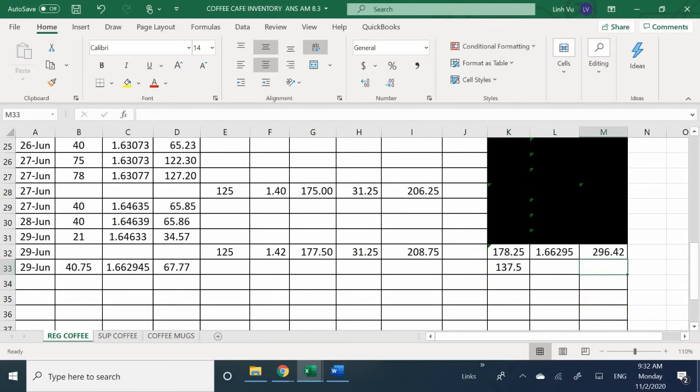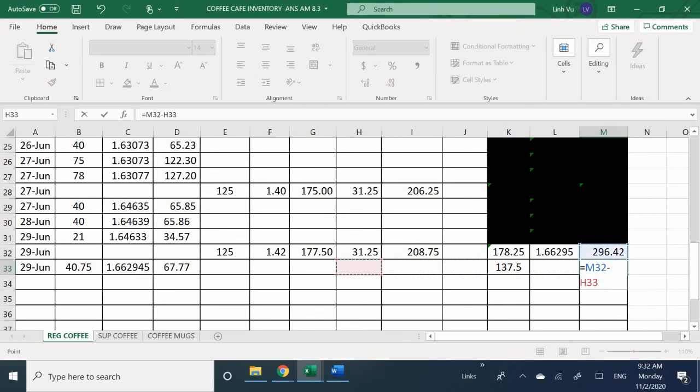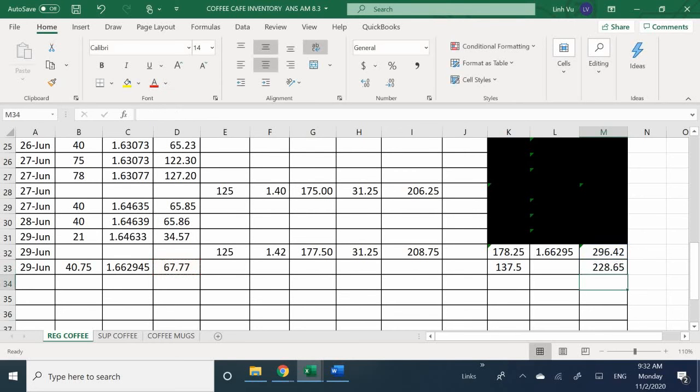And then we're subtracting 266. No, my bad. Scratch that. 296.42 minus 67.77. $228.65. Good. Making the cost per item. Yes, almost the same.